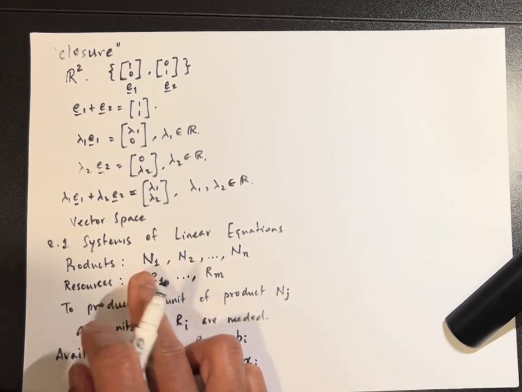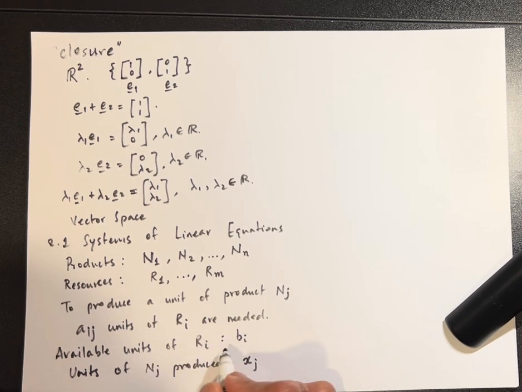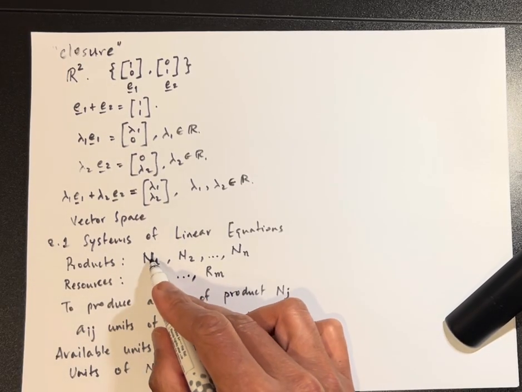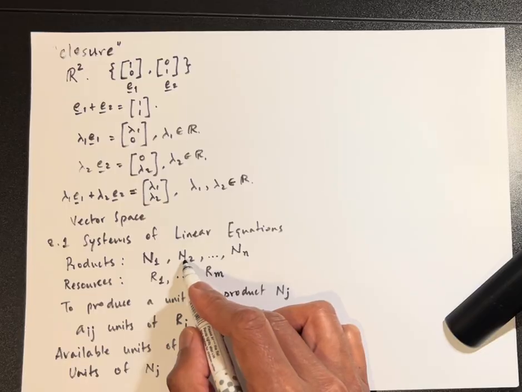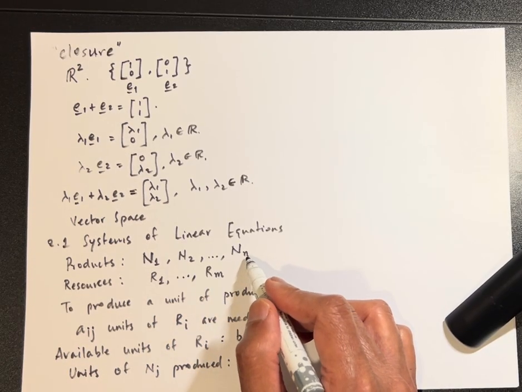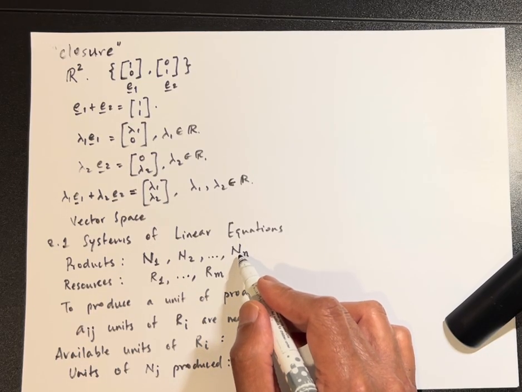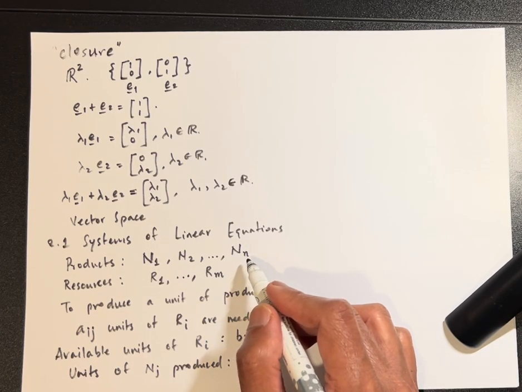How many units of that pastry is produced, that's Xj, and remember Bi is the units of the resource. So basically we will produce x1 units of n1, x2 units of n2, and xn units of this uppercase N product, right?